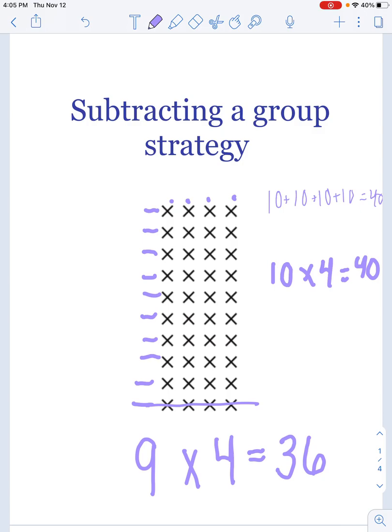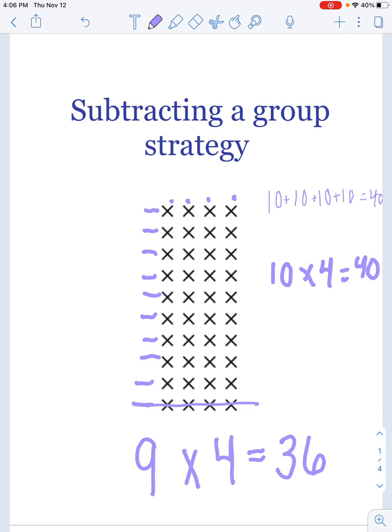And I would use this, the 10 times 4 equals 40, if I didn't know the answer to 9 times 4, because 10s are an easy multiplication fact for me. I know all my 10s, but let's say I didn't know all my 9s. And 9 is only 1 away from 10, right?